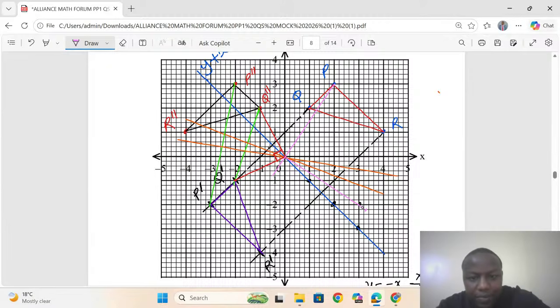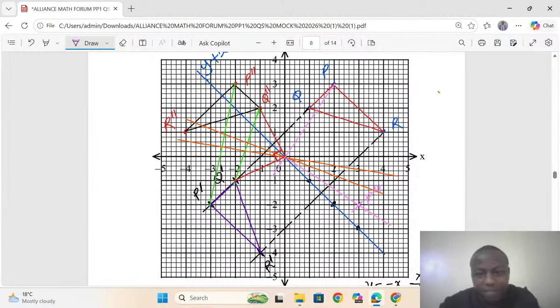Then I'm supposed to move an equal distance after turning 90 in the clockwise direction. I move an equal distance along the angle that I've measured to a point like this. This will be my P triple prime.